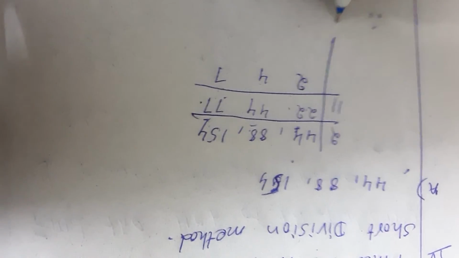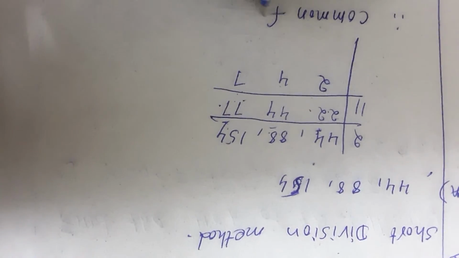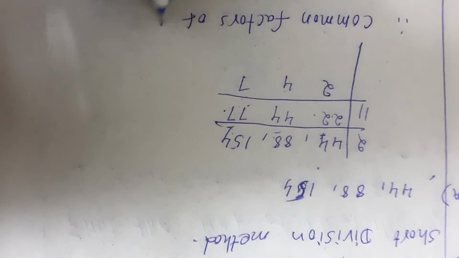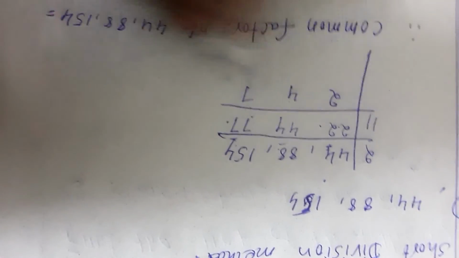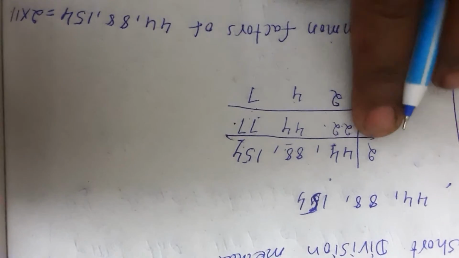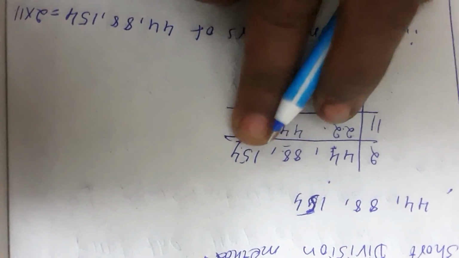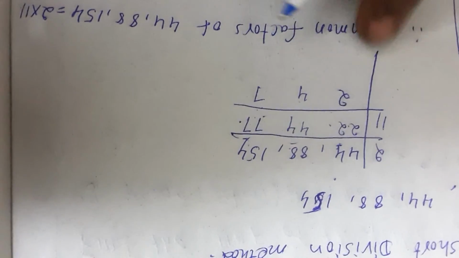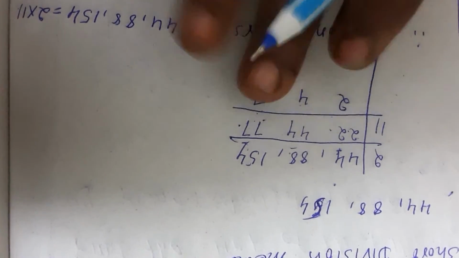Therefore the common factors of 44, 88 and 154 equal 2 into 11. Because 2 divides 44, 88 and 154, and 11 divides 22, 44 and 77. Here 2, 4 and 7 have no common multiples, so we are stopping here.